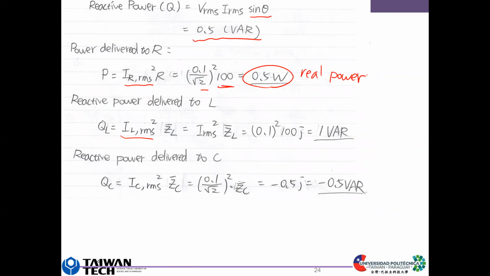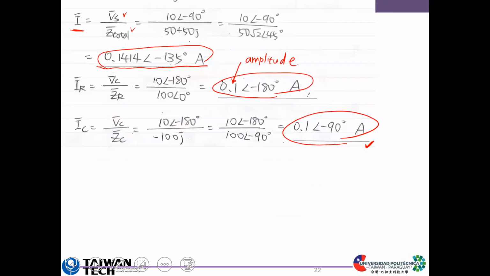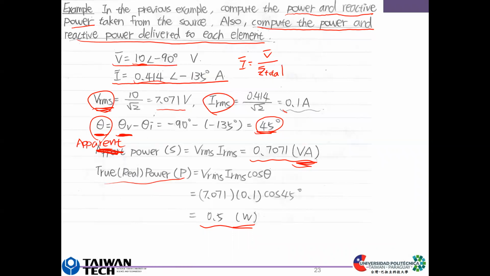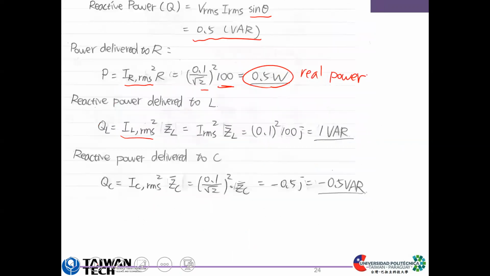ZL is 100j, and IRMS we already calculated is 0.1 amp. So 0.1 squared multiplied by 100j. Even though it has a j here, when we write down the reactive power, we just say it is 1 VAR.